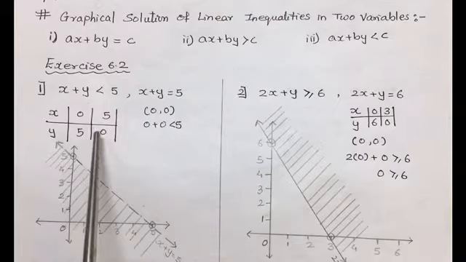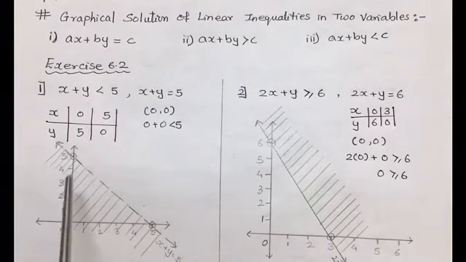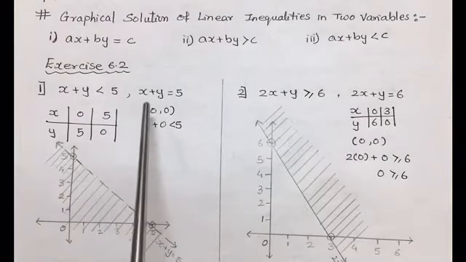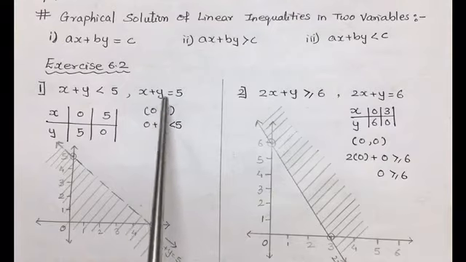The main aim of assuming 0 for both x and y is, at least we'll come to know where the line intersects the axis, and if the line is intersecting the axis, the region becomes a bounded region, a closed region. So for drawing the line, we will equate x plus y equal to 5.